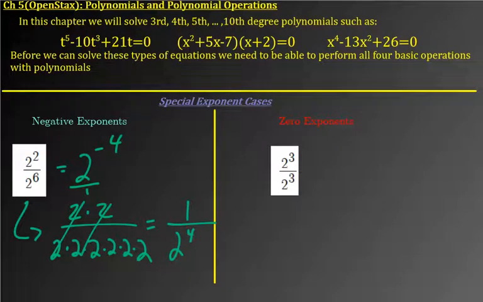So zero exponents, very similar also. Still use the same property. 3 minus 3 is 0. So this is why we've got a 0 exponent popping up here. And we also know that 2 cubed, which is 8, over 2 cubed, which is 8, 8 divided by 8 is 1, right?